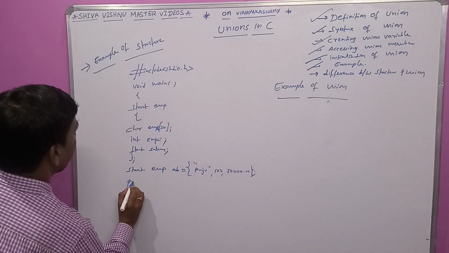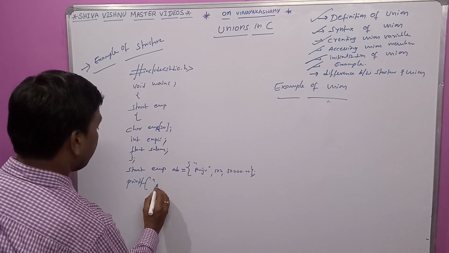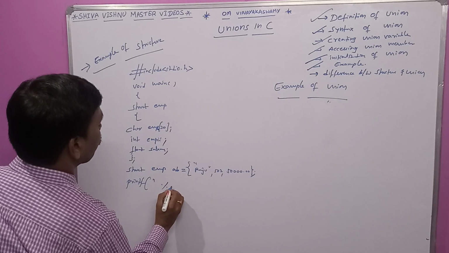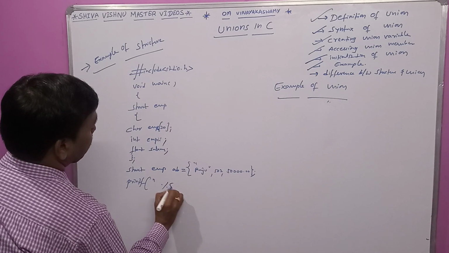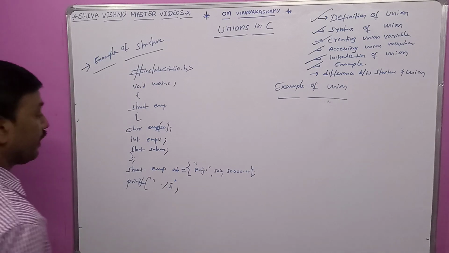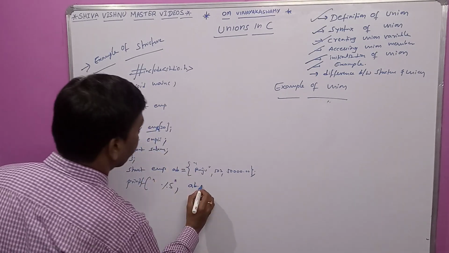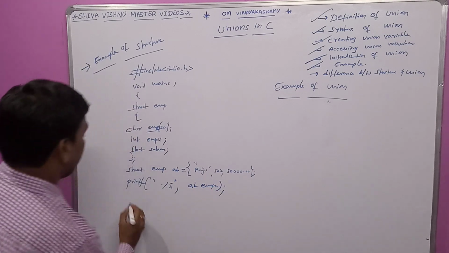Now printf, within quotes, is a string, so here you can see ab dot member empn, close semicolon.